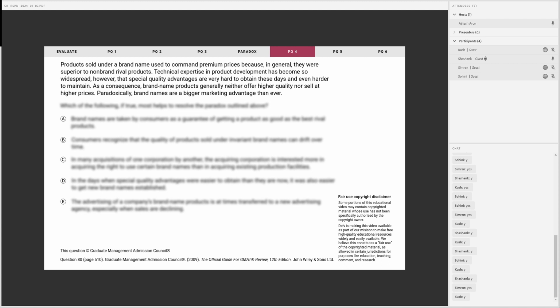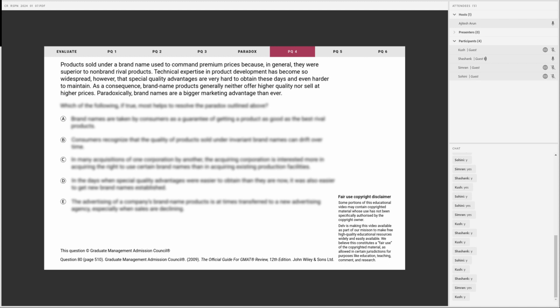Therefore, there's no pre-established fact that because something has a brand name, then it is going to naturally offer a higher quality. So that advantage doesn't exist, right? Because the quality of products are now the same because of technology and other factors. The paradox here is that even though the quality is the same, the brand name inherently poses a strong marketing advantage. So that's the point.